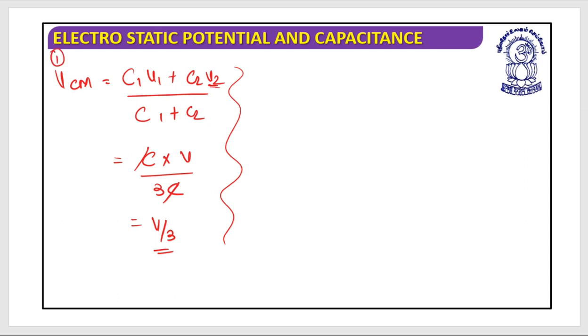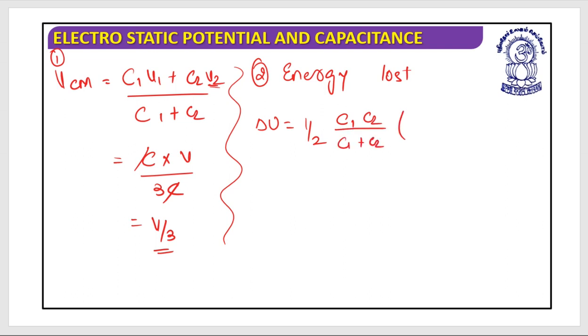Now, what is next? It's the energy lost. Delta U is half into C1 C2 divided by C1 plus C2 upon V1 whole square, because V2 is equal to 0.